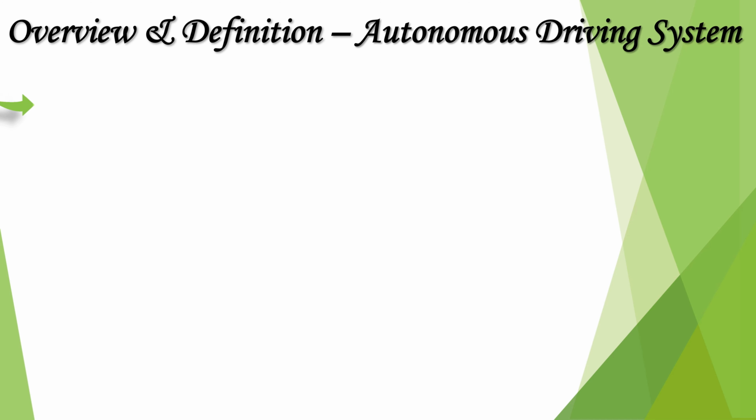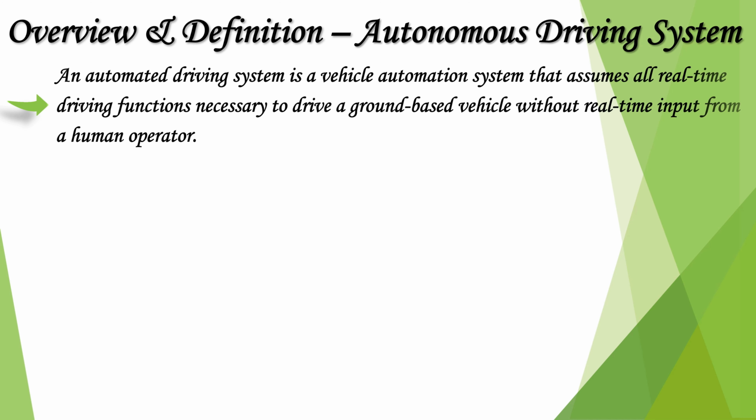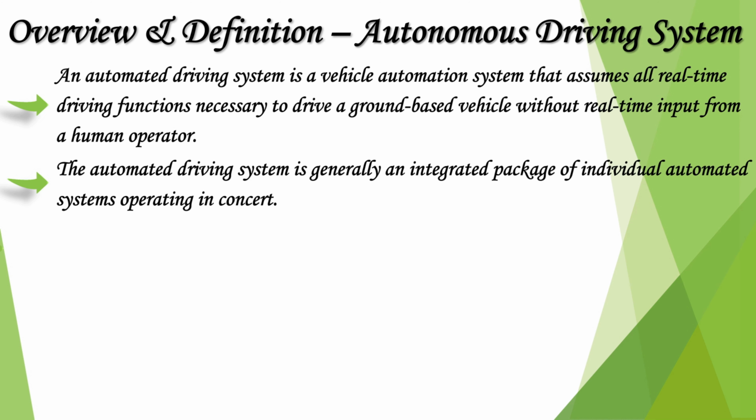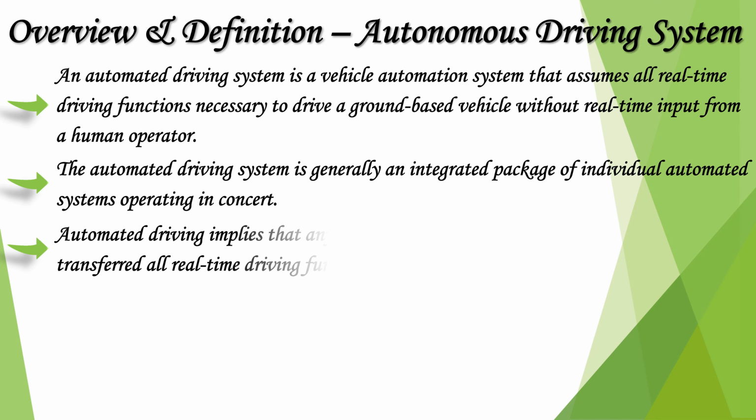Overview and definition of autonomous driving system. An automated driving system is a vehicle automation system that assumes all real-time driving functions necessary to drive a ground-based vehicle without real-time input from a human operator. The automated driving system is generally an integrated package of individual automated systems operating in concert.